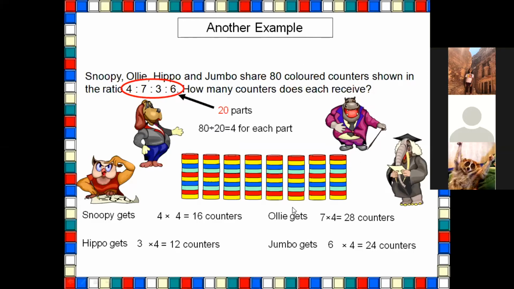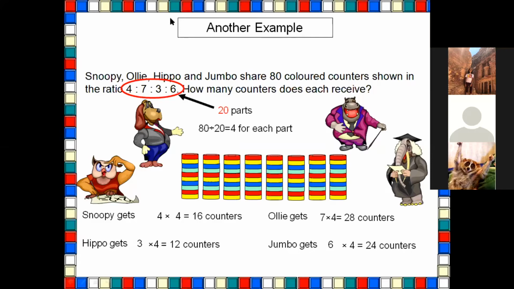So from this example, we can summarize the steps of sharing ratios. First thing, you find the total number of parts. Step 2, divide. What are we talking about? Chocolate, money, counters, whatever we share.